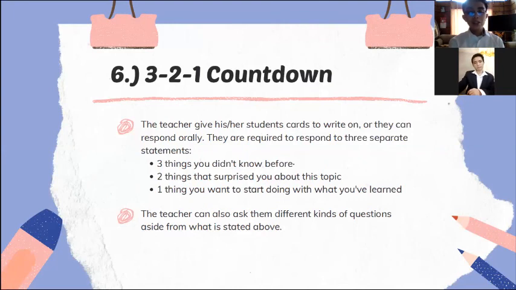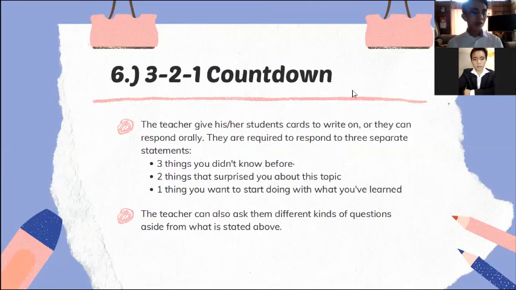The teacher can also ask them different kinds of questions aside from what is stated above. So this is a very interesting way of assessing students. Since it involves the numbers 3 to 1, it makes it iconic.